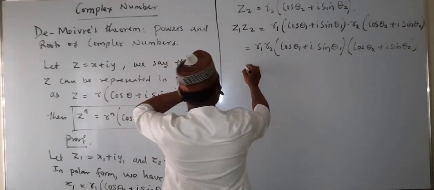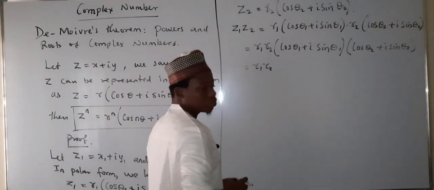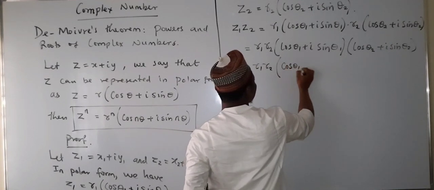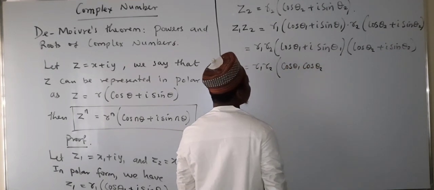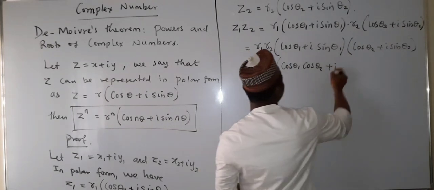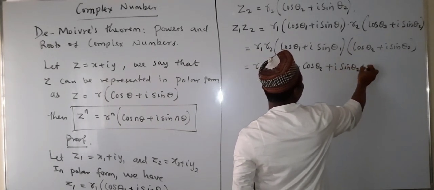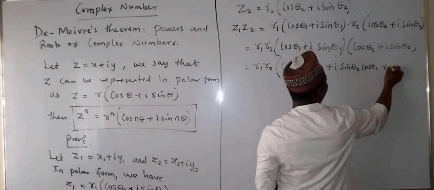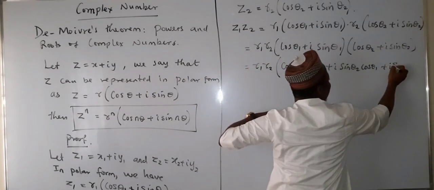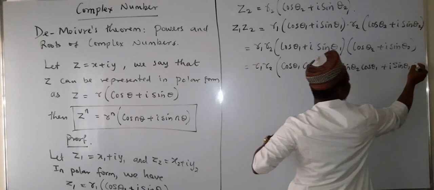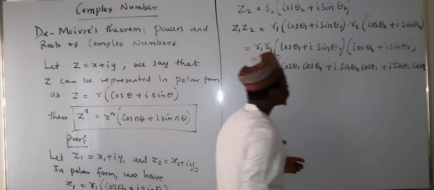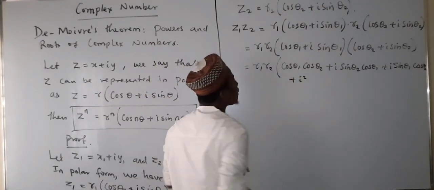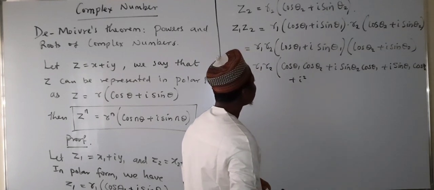If we do that, we have r1 r2, open bracket, this times this will have cos theta 1 cos theta 2, plus i sin theta 2 cos theta 1, plus i sin theta 1 cos theta 2, plus i squared.